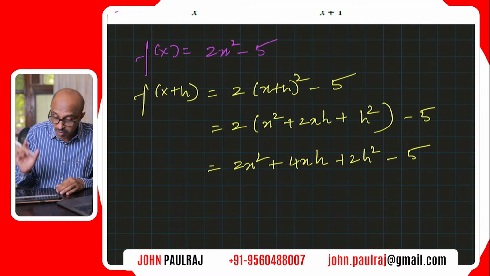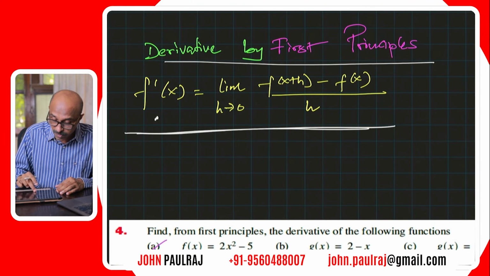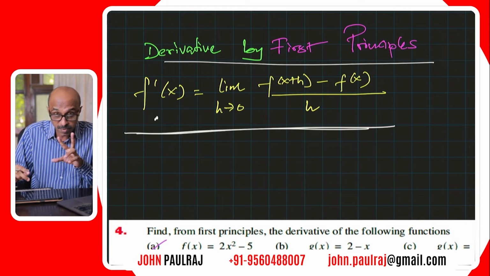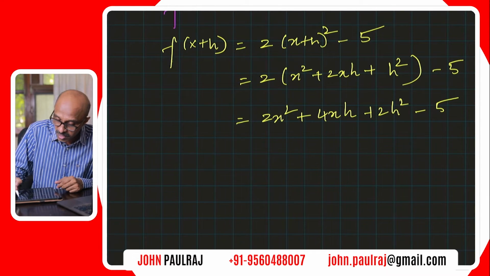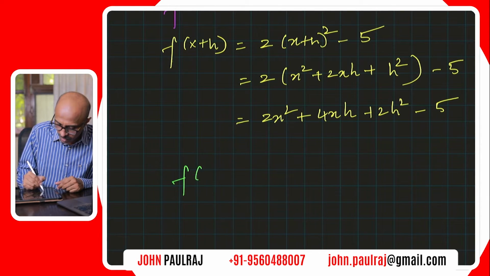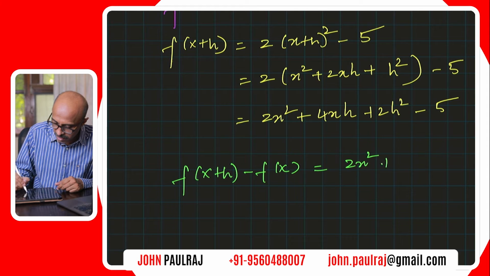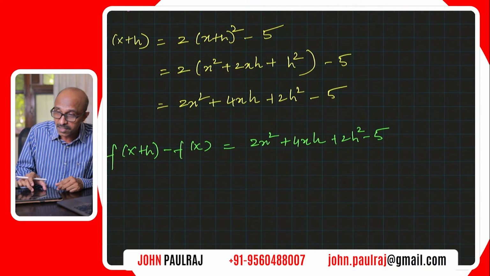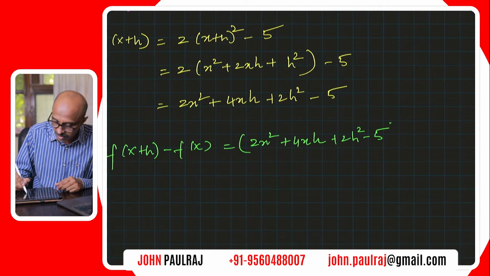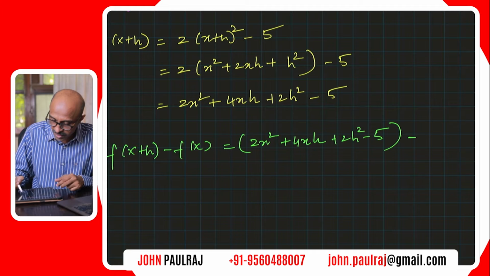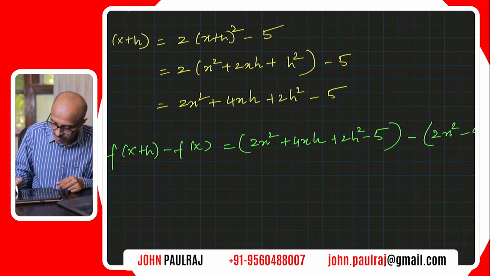Now we'll work out the numerator, f of x plus h minus f of x. So this goes in an orderly fashion. f of x plus h is 2x squared plus 4xh plus 2h squared minus 5. That's just the first term. Minus f of x, which I'll put in brackets, (2x squared minus 5).